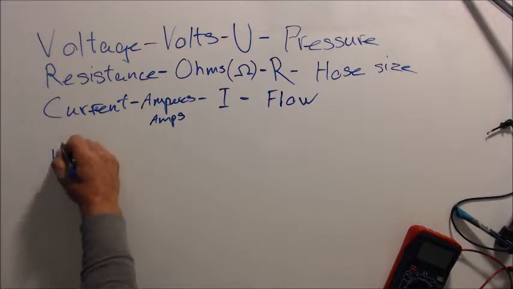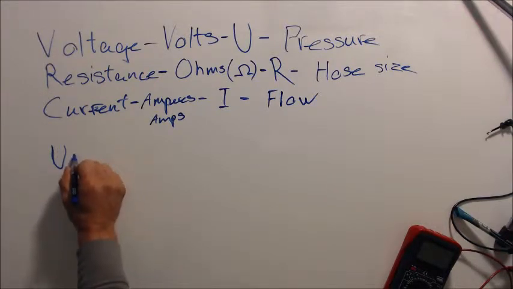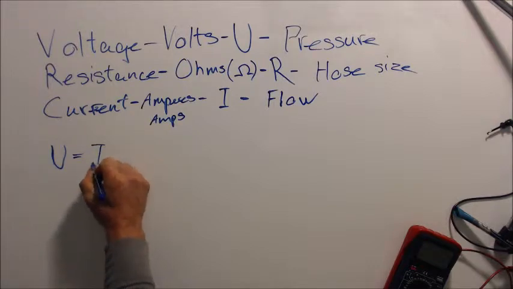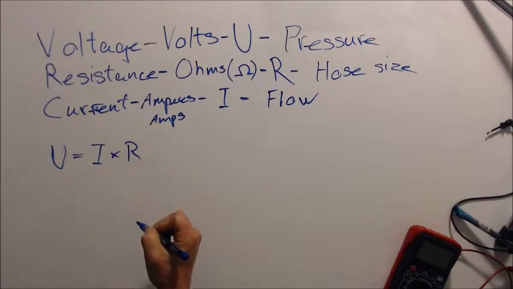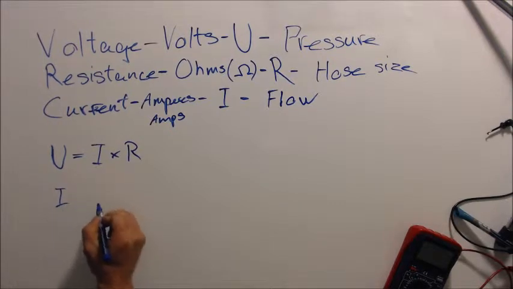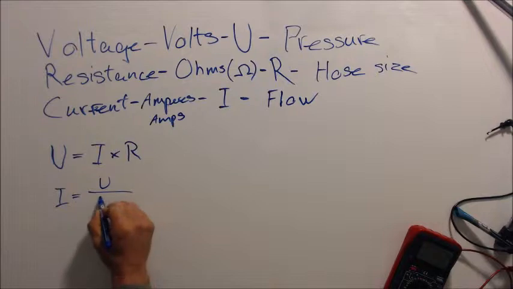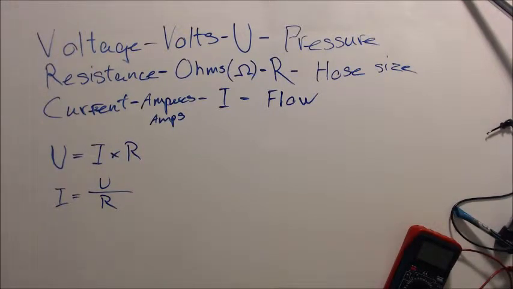So you've got U equals I multiplied by R, which is the same as, if we move the formula around, we want to find I, it will be U divided by R. So as you can see how this affects each other, if your resistance goes up on a given current, you will have more voltage.